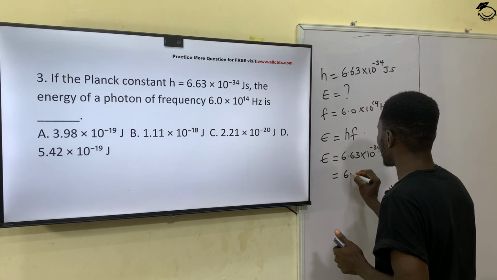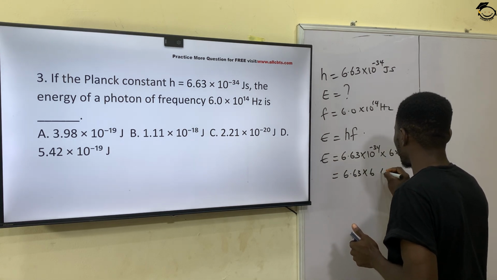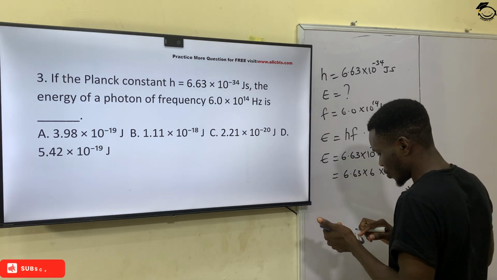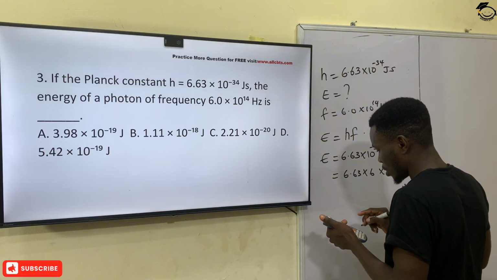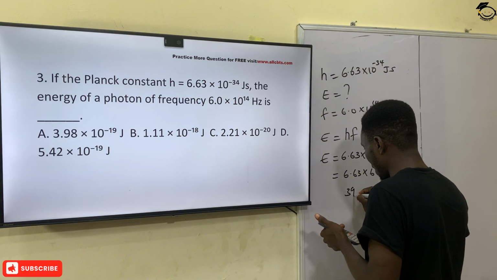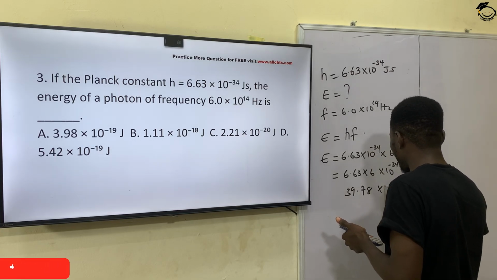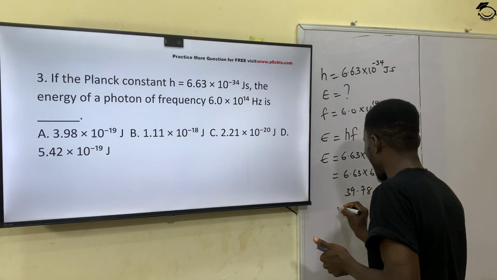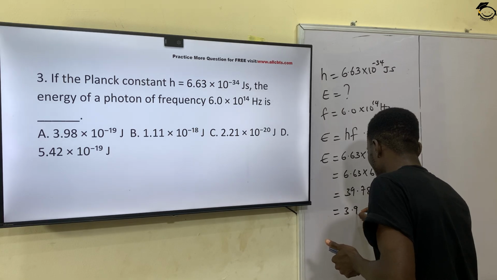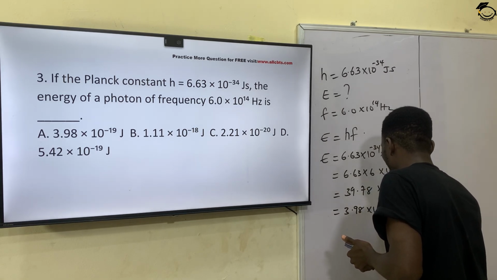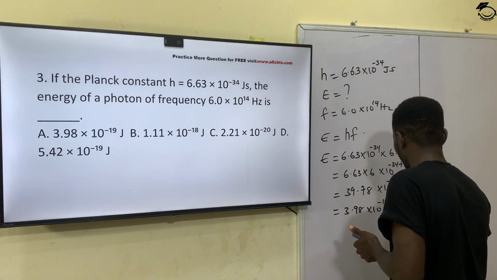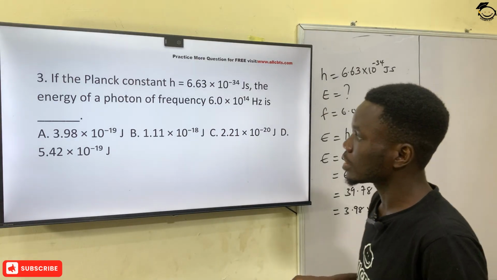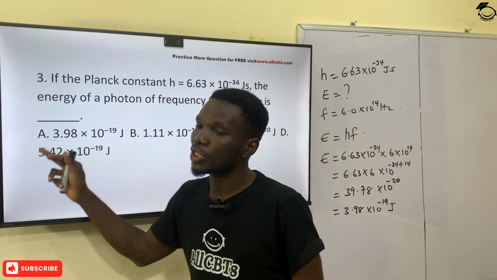This is the same as 6.63 times 6 times 10 raised to power minus 34 plus 14. So this will give me 39.78 times 10 raised to power minus 20, which is the same as 3.98 times 10 raised to power minus 19 joules.